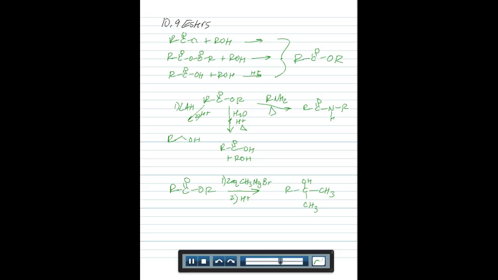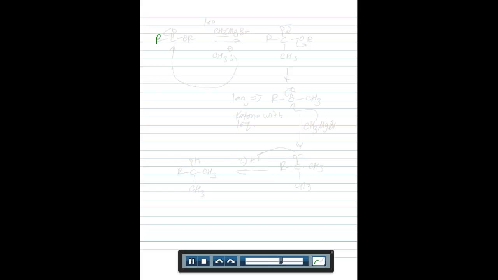Let's go over this step by step. Okay? So you have an ester. If you add 1 equivalent of Grignard, and it doesn't have to be a methyl Grignard. You can have anything you want there. I'll make that perfectly clear. It could be any R group that you want. Remember, a Grignard, I'm just doing methyl so that you can see where everything is going.